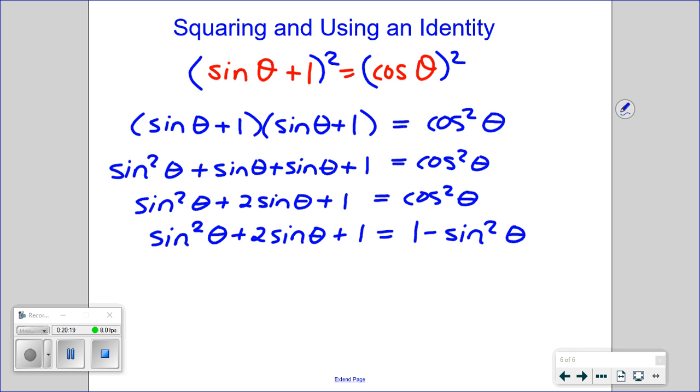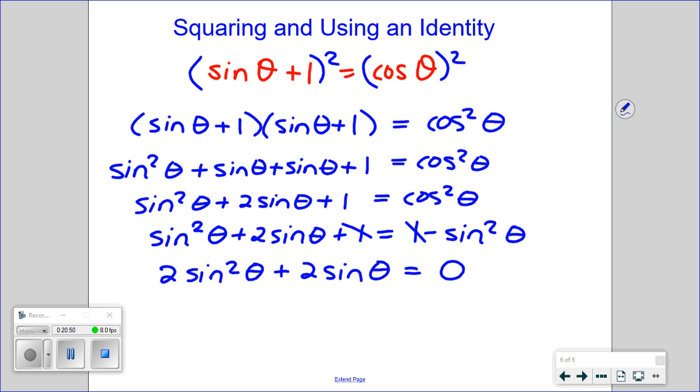Now this is looking like something we might be able to factor, but again, we want to set the equation equal to 0. So we're going to subtract 1 on both sides, which cancels. I'm going to add the sine squared to the left side, so that ends up being 2 times sine squared plus 2 times sine equals 0.